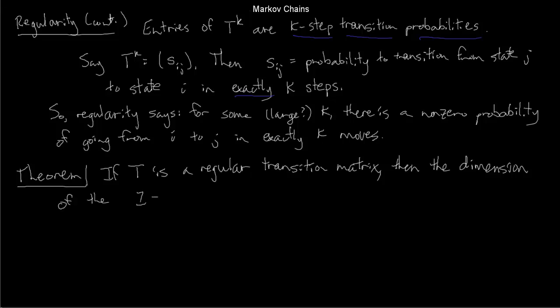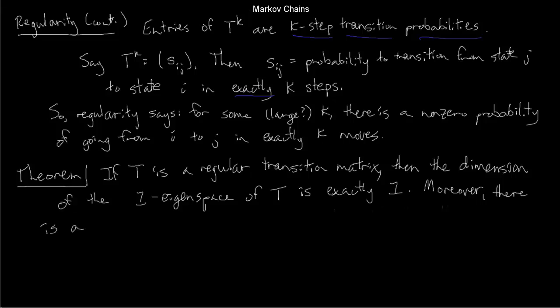That's a vector that when you apply T to it, it doesn't change, right? You get 1 times it, you get the vector back. So the one eigenspace has dimension exactly 1. There's one eigenvector. There's a unique fixed point, if you like, a vector that is not changed by T.